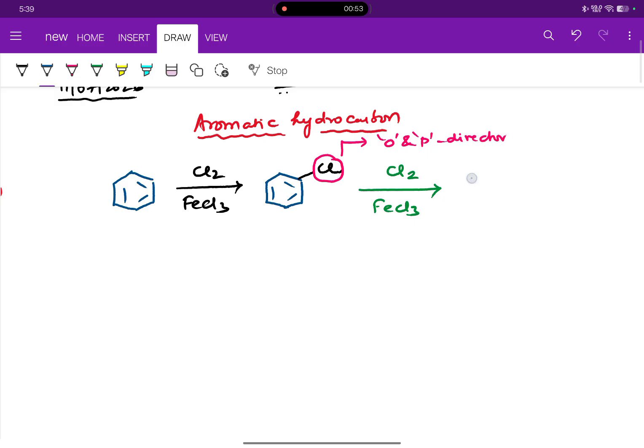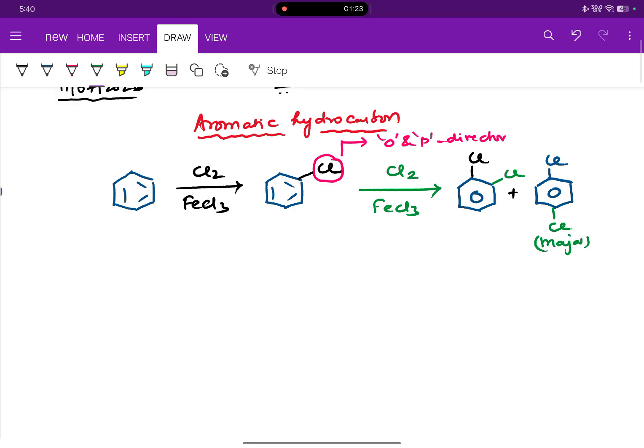So you'll get dichlorobenzene, in which the para is the major product, while the minor is the ortho. The newly added chlorine can come either in the ortho position or in the para. As you said, the major product will be para-dichlorobenzene.